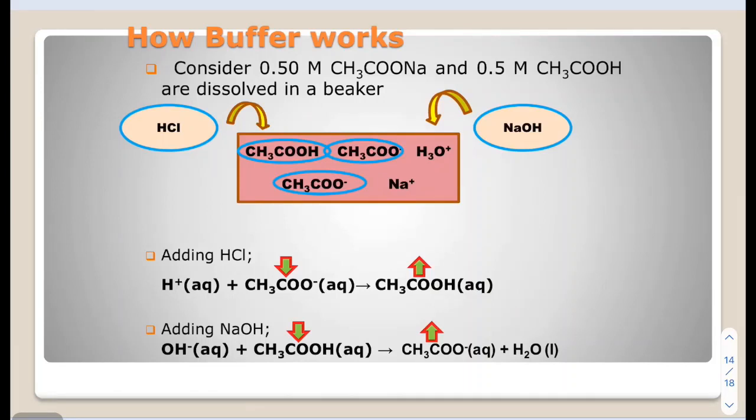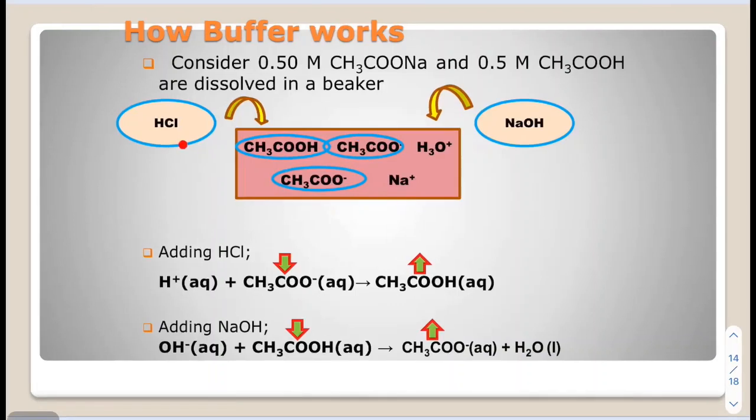So let's consider that we have sodium acetate and also acetic acid. The mixture of these two gives us a buffer system here. So when HCl is added to this buffer system, we know that what is being added to the system is an acid, or H3O+, which is the same as the H+ ion.